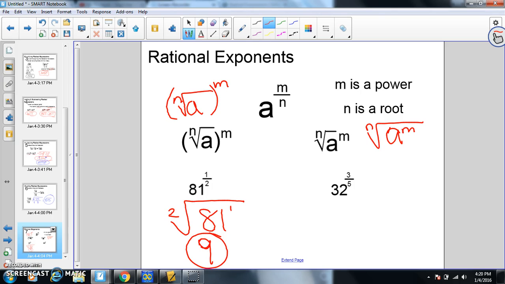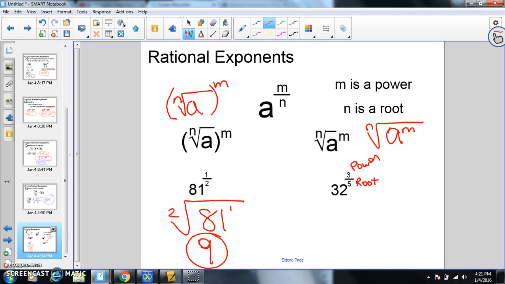And then we have 32 raised to the 3/5 power. So let's write that 2 different ways. m is our power, n is our root.